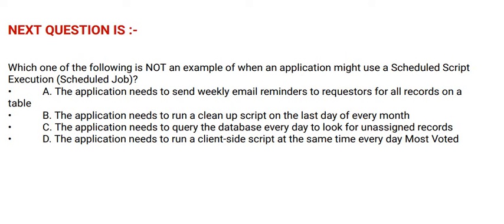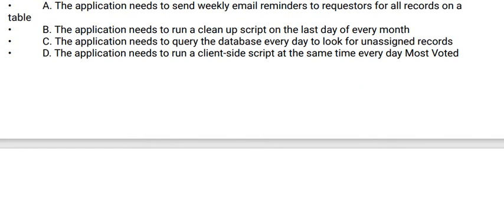Option B, the application needs to run a clean-up script on the last day of every month. Option C, the application needs to query the database every day to look for unassigned records. And option D, the application needs to run a client-side script at the same time every day. And the correct answer is option D.